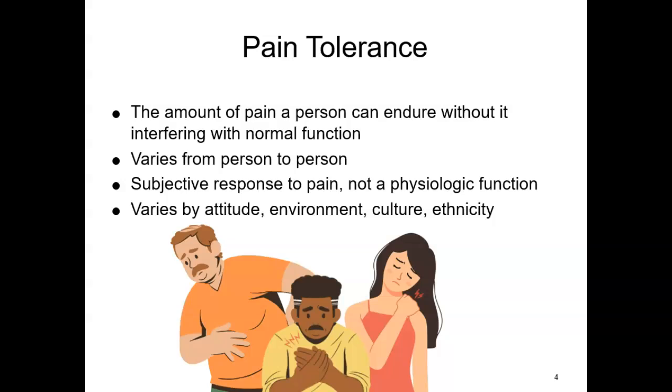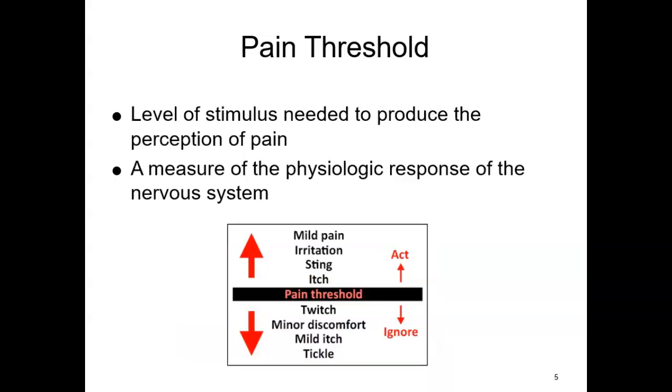Okay? So it's not a value judgment. It's just something to make sure that we're understanding about the subjective nature of pain. And then pain threshold is the amount of pain that's actually needed to create the perception of pain. And this is also different for everybody.